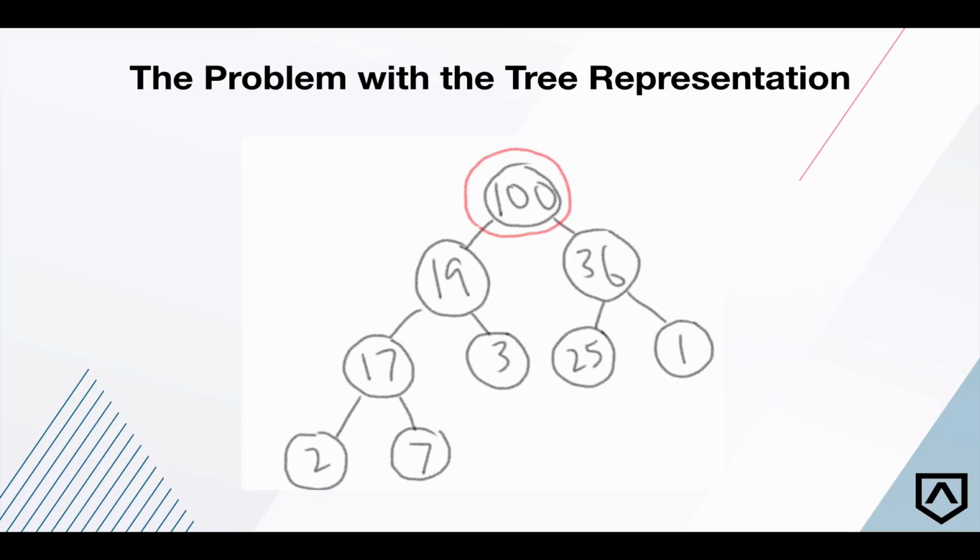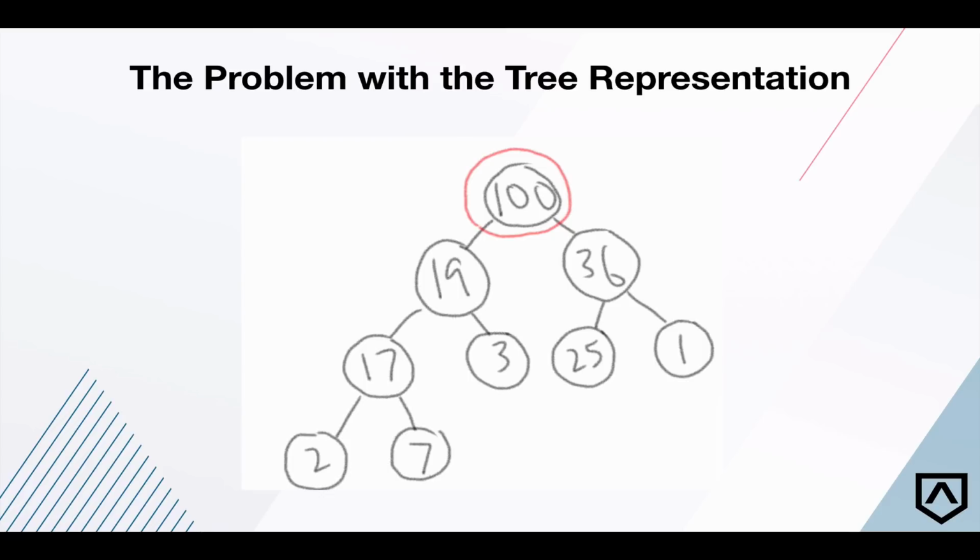And that's going to be hard because, for example, with the delete algorithm we just outlined, in order to get the 7 element so that it could be put up top in the 100 spot in our example from earlier, we'd have to traverse all the way down the tree. That adds a lot of unnecessary work for our algorithm if we used this particular tree representation.